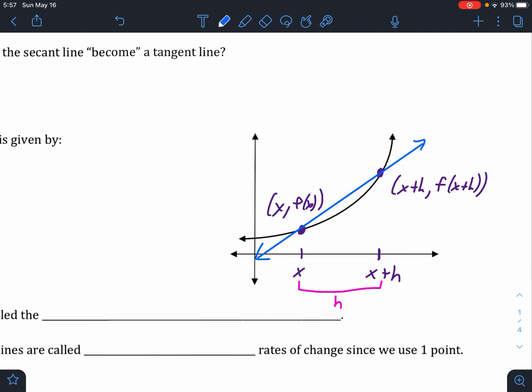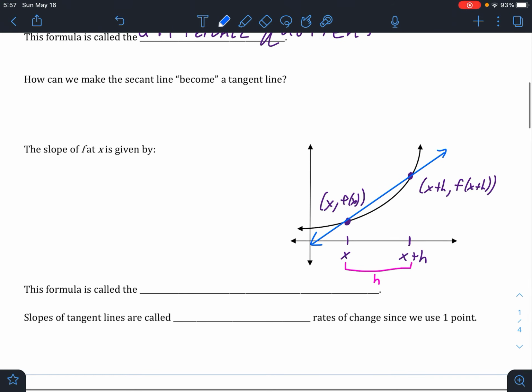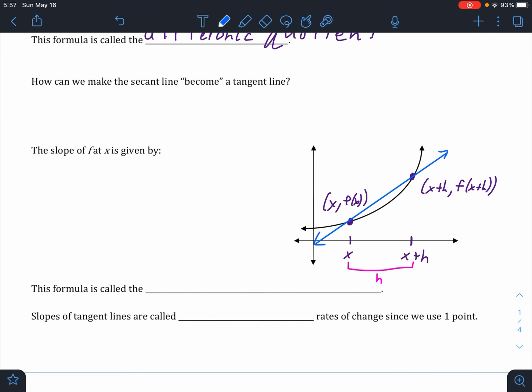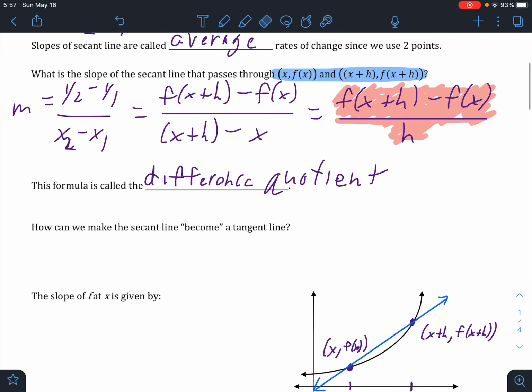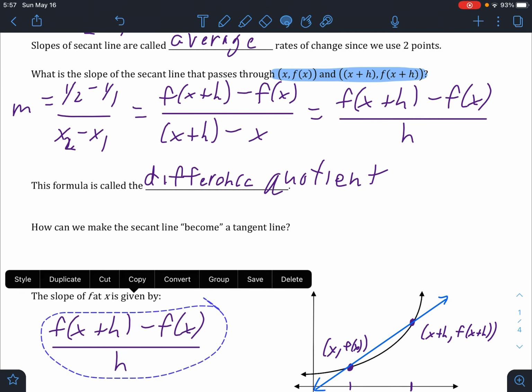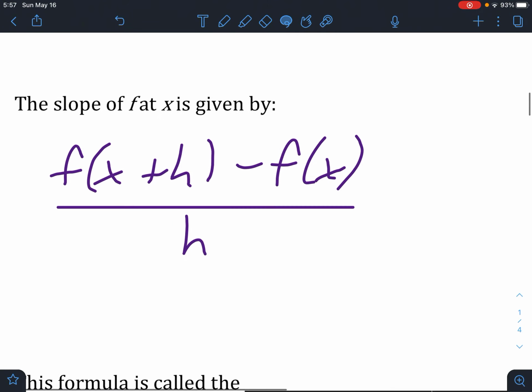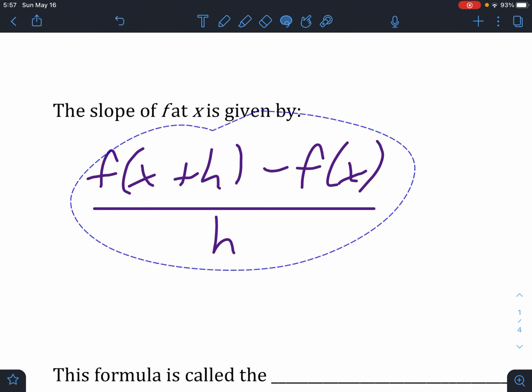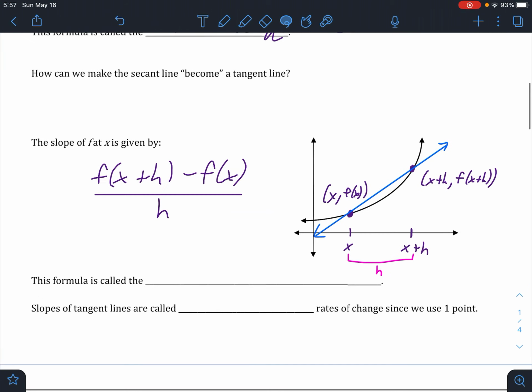Okay, and the big question here is how do we make that blue line turn from a secant line to a tangent line? All right, so let's go back up here. This is the slope of that blue line. All right, the difference quotient is the slope of that blue line. But like I talked about briefly earlier here, we don't want the slope of that secant line.